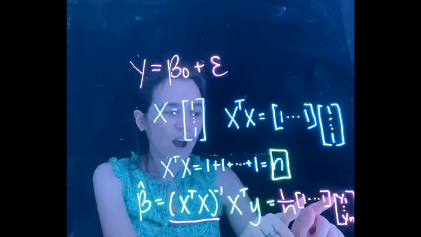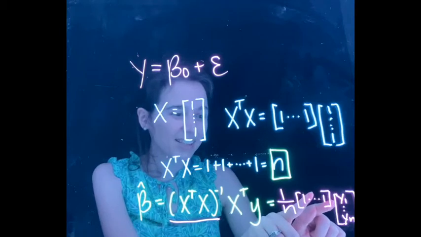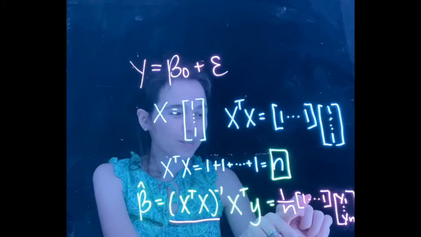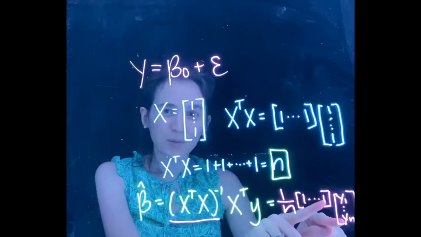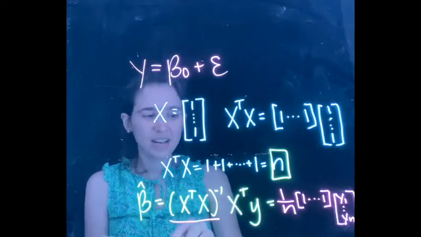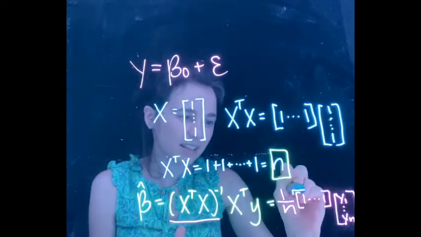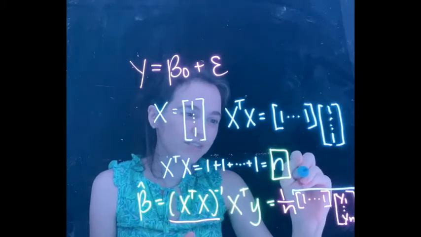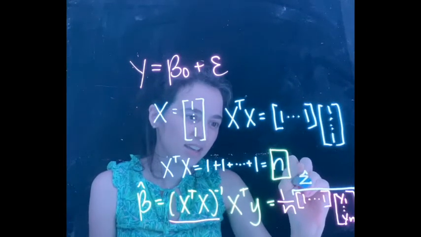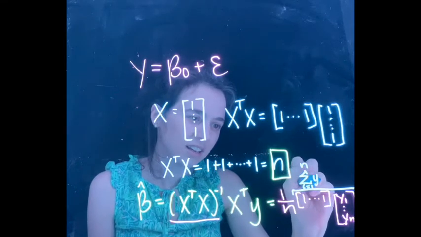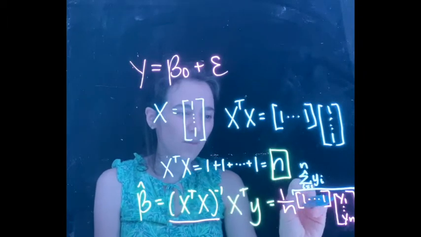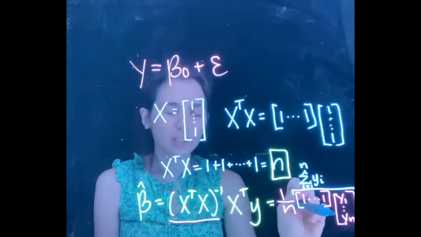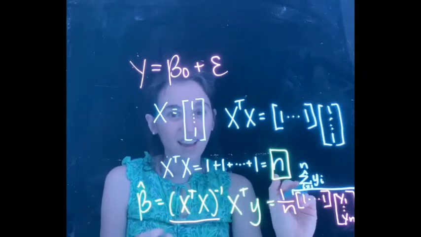We've got 1 times y1 plus 1 times y2 plus 1 times y3 all the way down to 1 times yn. What would be an easier way to write this part? Well, that's equivalent to just summing from i equals 1 to n of yi, because we're taking y1 plus y2 plus y3 plus y4 all the way up to yn.